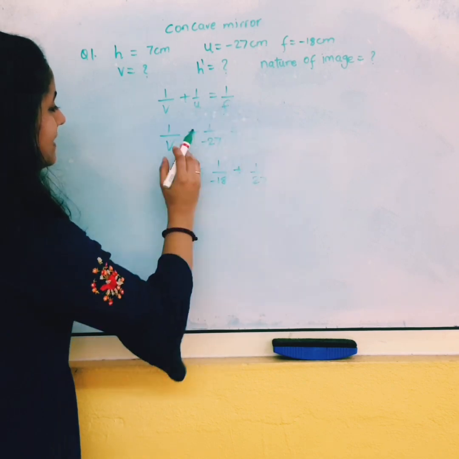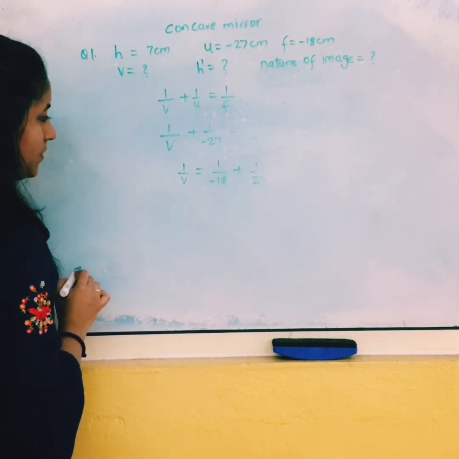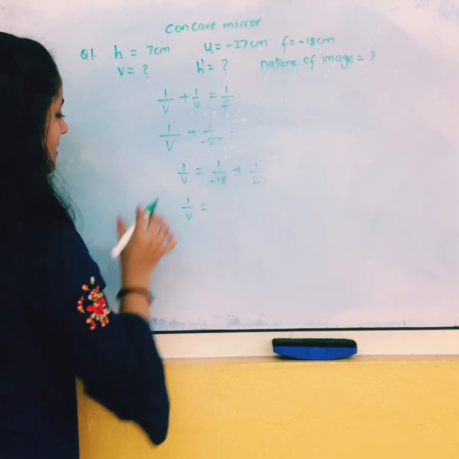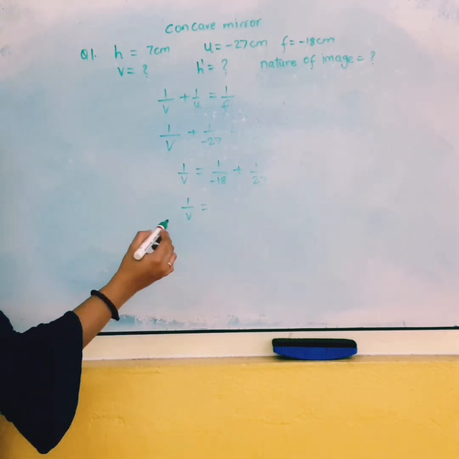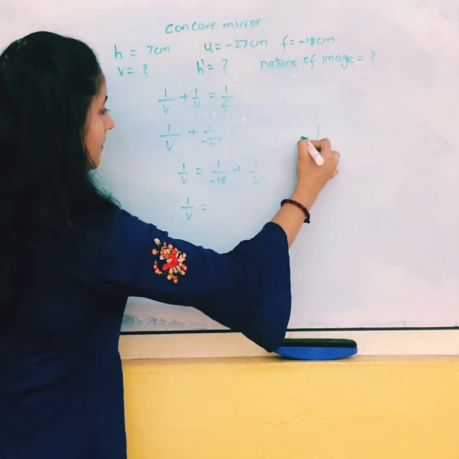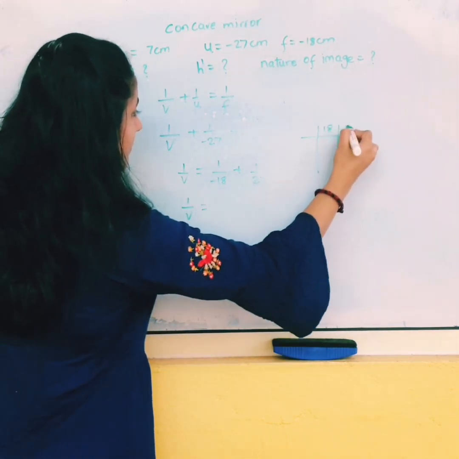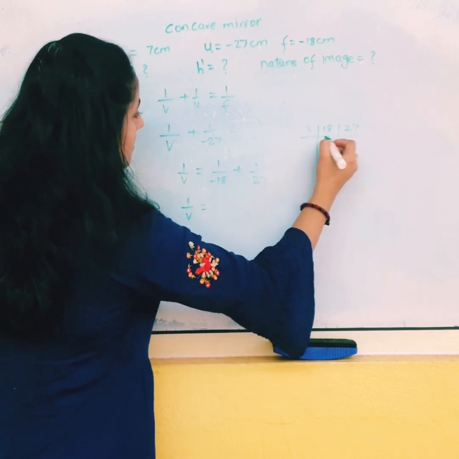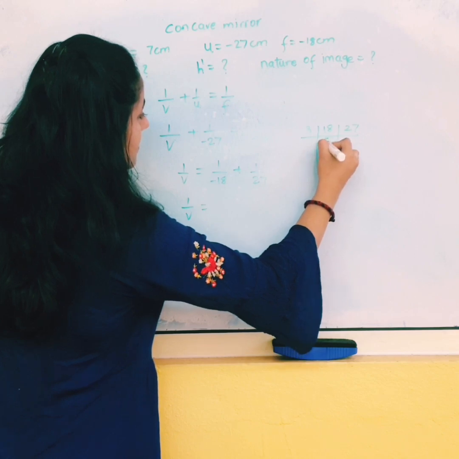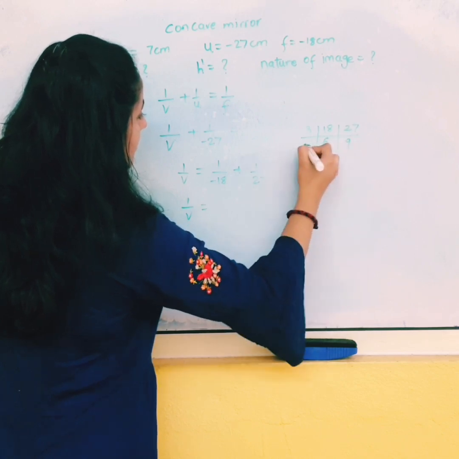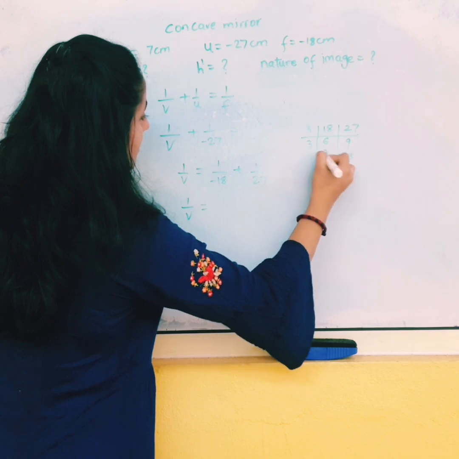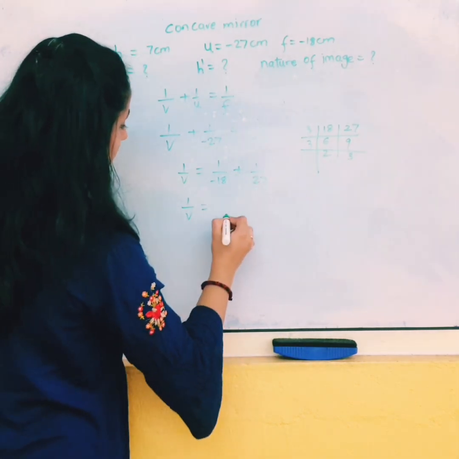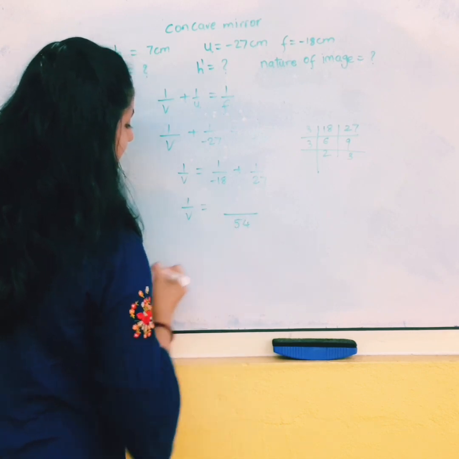As you shift this sign to the other side, it will be positive. So 1 upon v is equal to, here you are supposed to find the LCM. So 54 is our LCM.